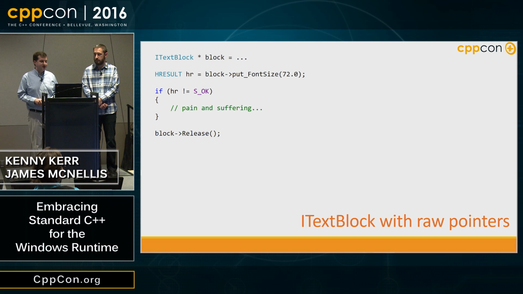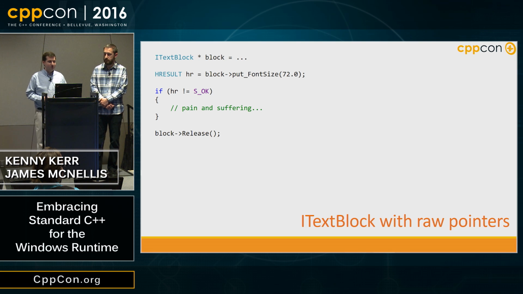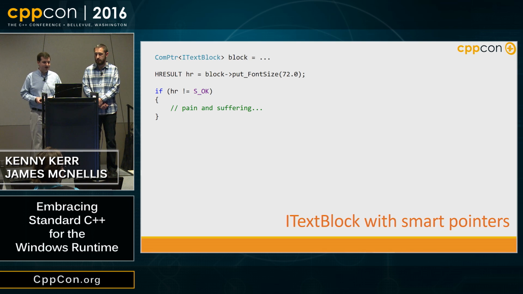But of course, no one wants to write code like this, even in normal C++. So for a long time, ATL has had a smart pointer called CComPtr, and the WRL library that I just mentioned has this ComPtr smart pointer. It's a lot like shared_ptr in that it's shared ownership. So when you make a copy of it and you have two of these ComPtrs pointing to the same object, they both hold a reference. When you make the copy, it will call AddRef. When you destroy an instance, it will call Release.